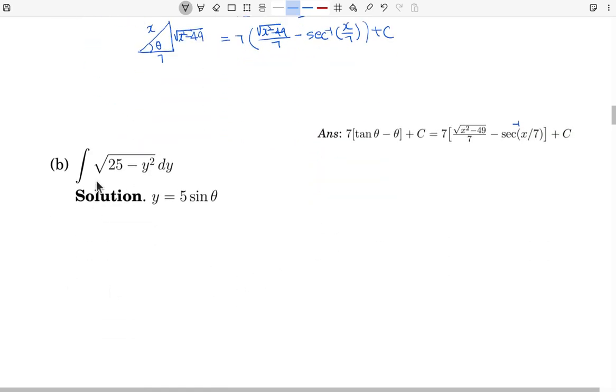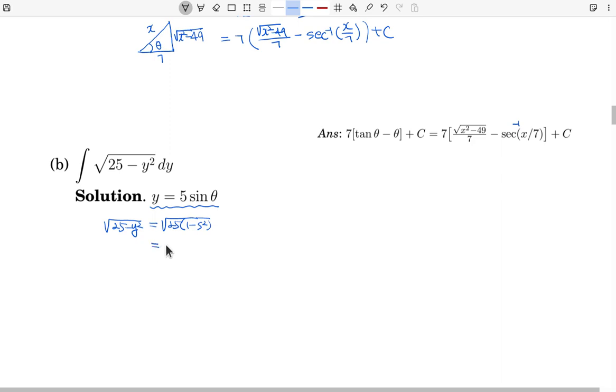Now for this one, y squared cannot be larger than 25, so the choice is y equals 5 sine theta. Then the square root of 25 minus y squared is the same as the square root of 25 times 1 minus sine squared, which is cosine squared.